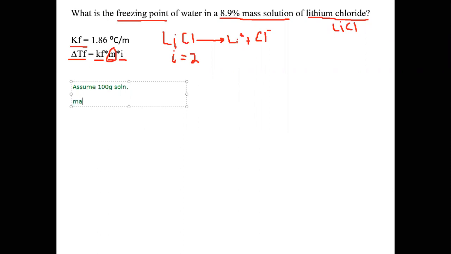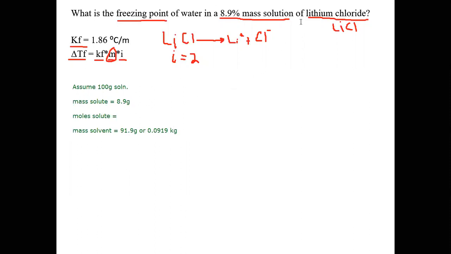That means we have a mass of solute of 8.9 grams. Moles of solute, we don't know yet. And we need the mass of solvent, which is 91.9 grams, or 0.0919 kilograms.